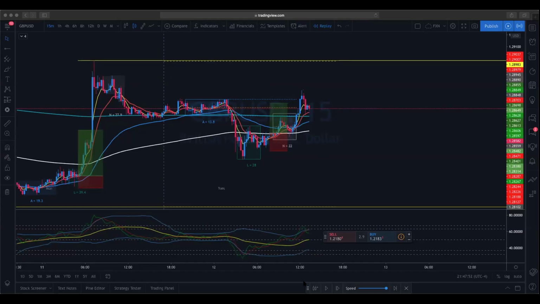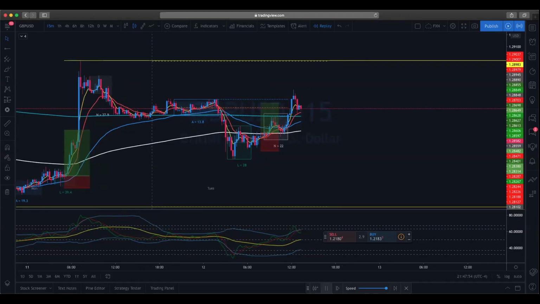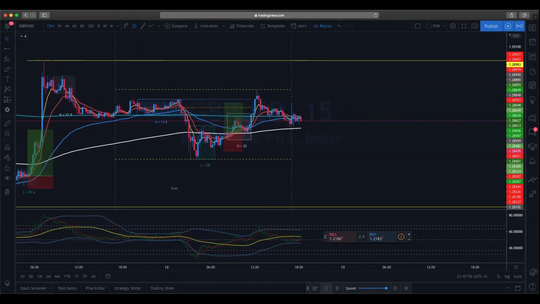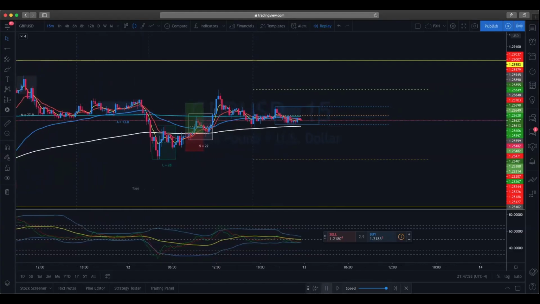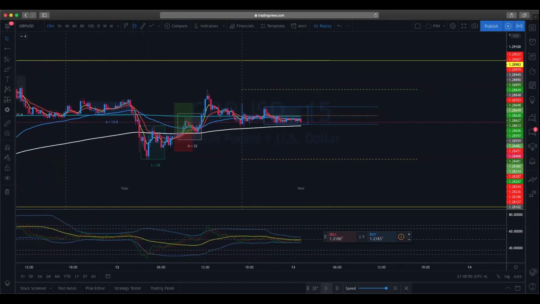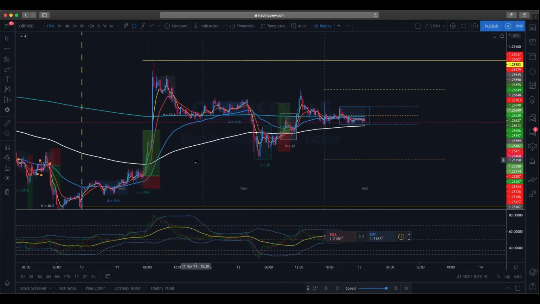If this continues to go sideways straight through the Asian range like it is now, literally it could be anything. It could be a buy, it could be a sell. You don't know because you're literally dead smack in the middle because of that huge move on Sunday, Monday, right?